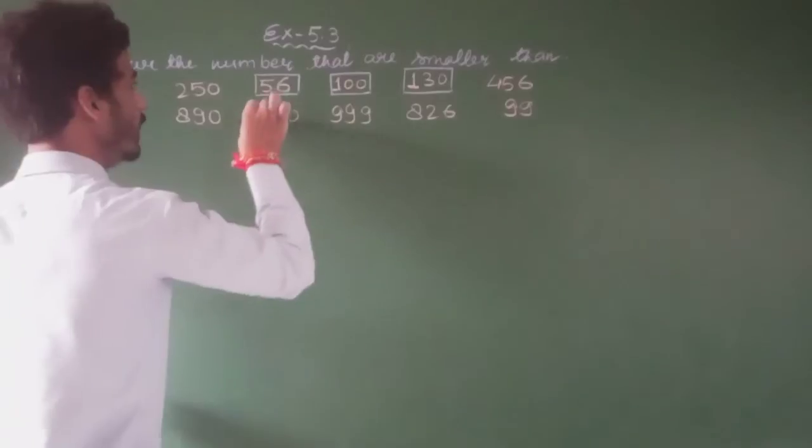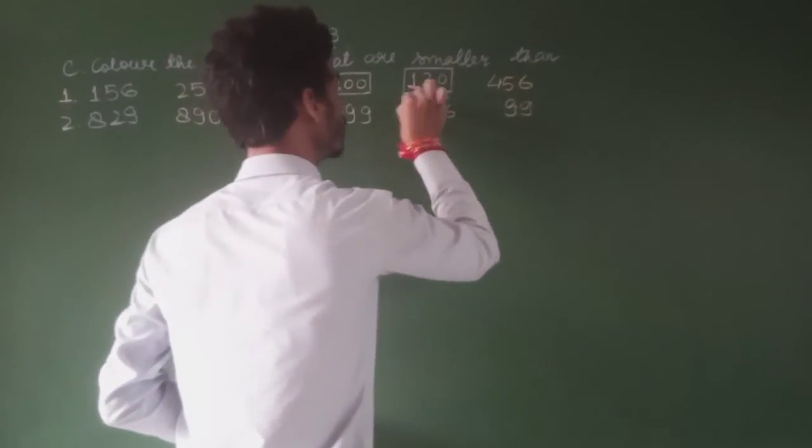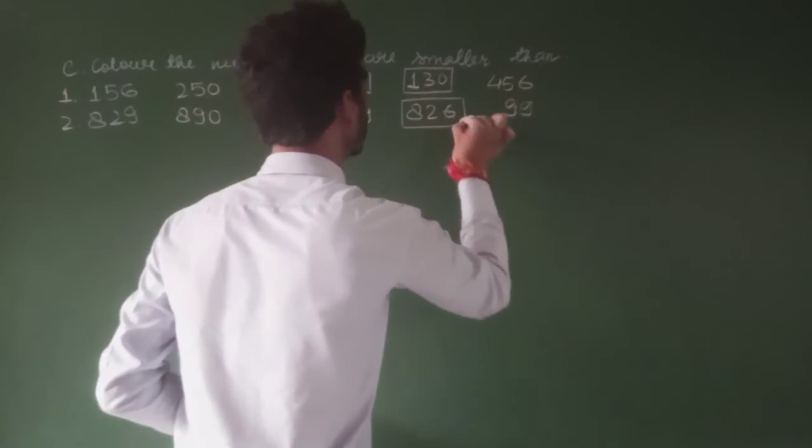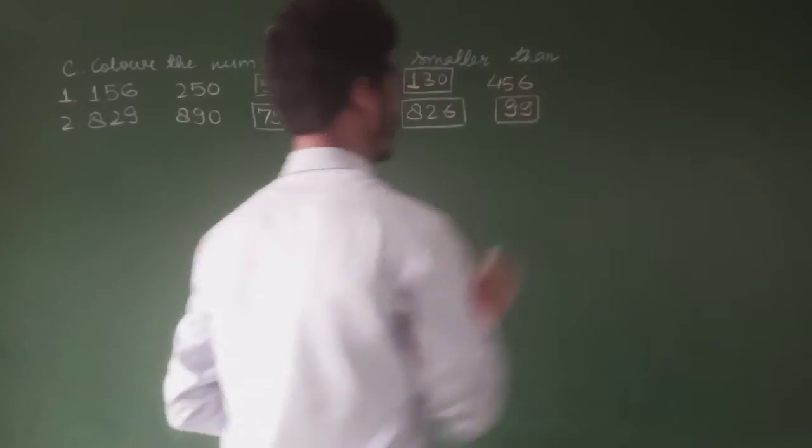So 790 is smaller than 829, 826 is also smaller than 829, and 99 is also smaller than 829.